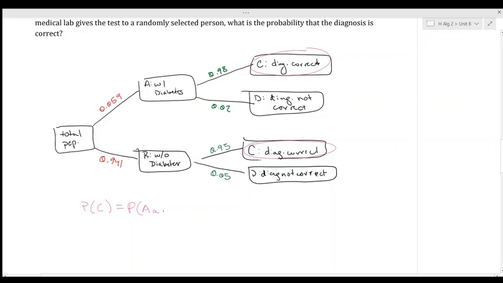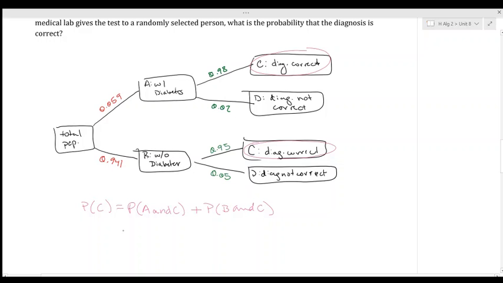So probability of A and C, plus the probability of event B, people without diabetes, and diagnosed correctly. So B and C. So you have 2 different probabilities you need to focus on here.